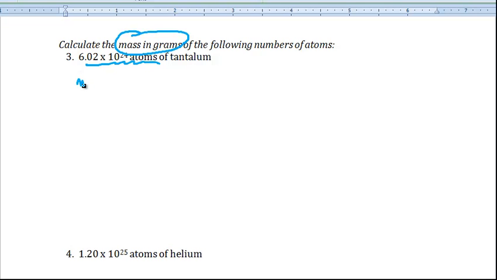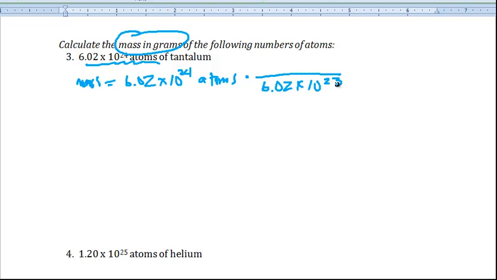So the mass is equal to 6.02 times 10 to the 24th atoms. And as we said, we need to divide that by Avogadro's number, which is 6.02 times 10 to the 23rd over 1 mole.